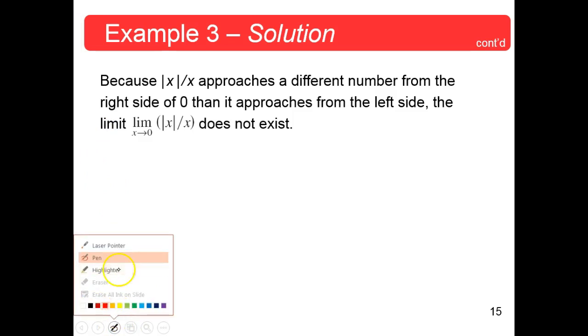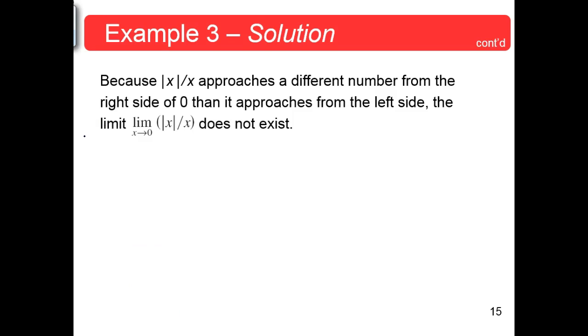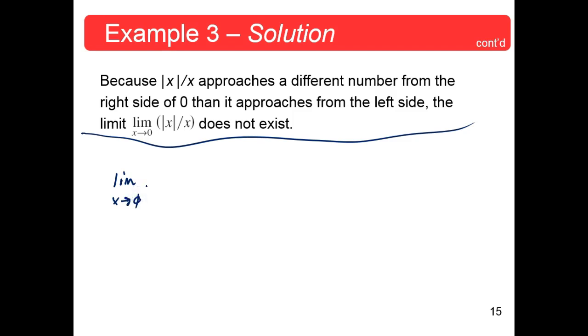It says, discuss the existence of this limit: the limit as x approaches 0 of 1 over x squared.